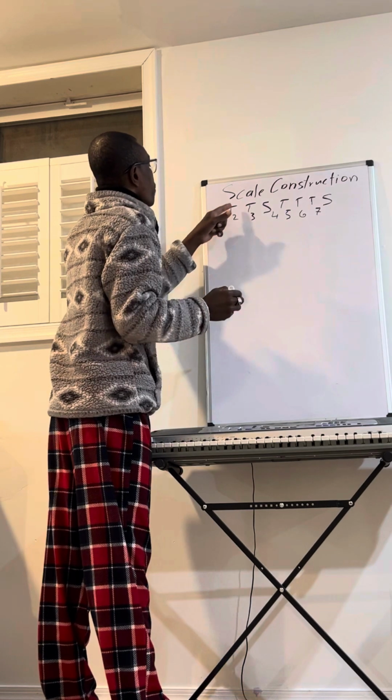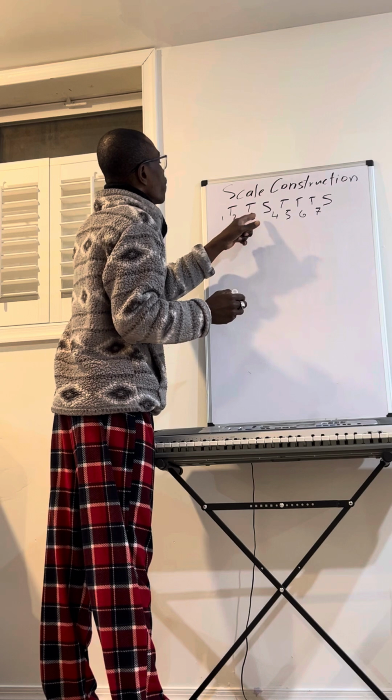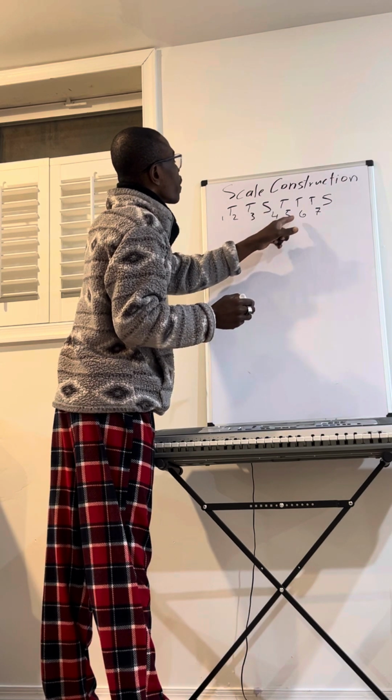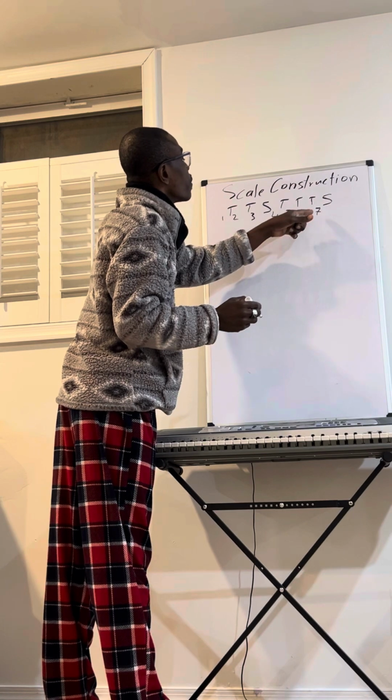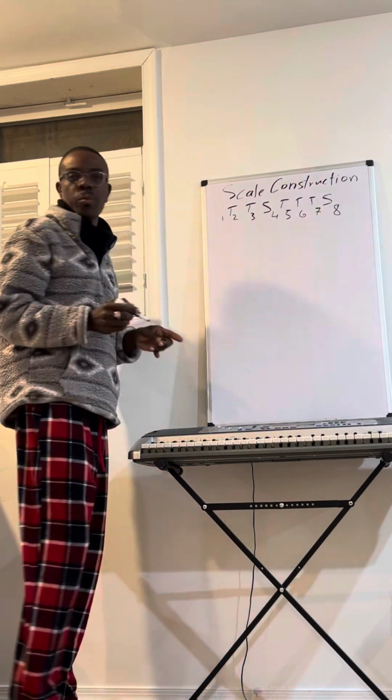So between 1 and 2, tone, 2 and 3, tone, 3 and 4, semitone, 4 and 5, tone, 5 and 6, tone, 6 and 7, tone, and 7 and 8, semitone.